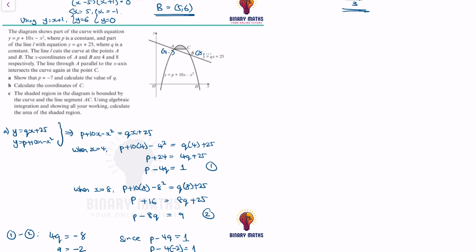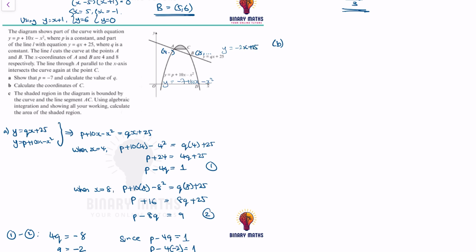Okay, part B. Calculate the coordinate of C. Since A is on the line, you just rewrite these equations again. So it's going to be y is equal to minus 7 plus 10x minus x squared, and y is equal to minus 2x plus 25.